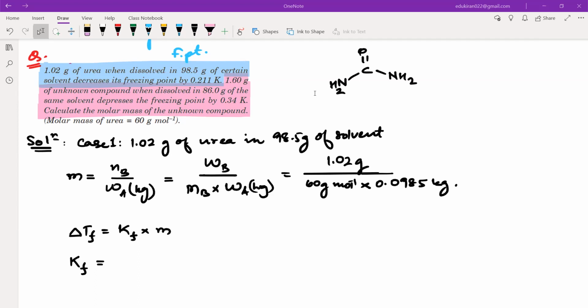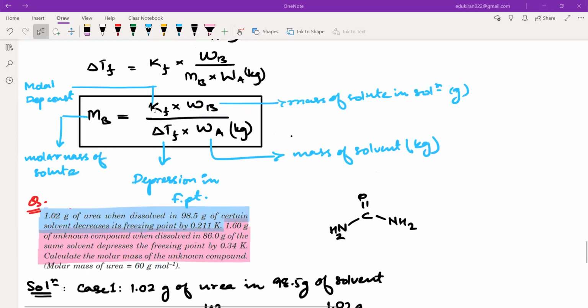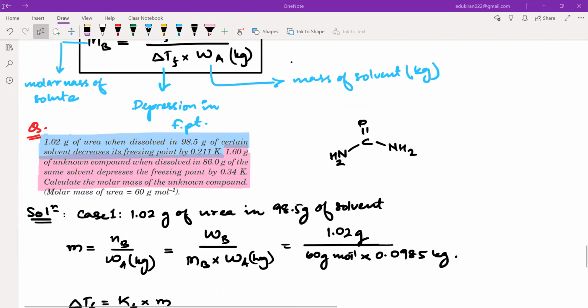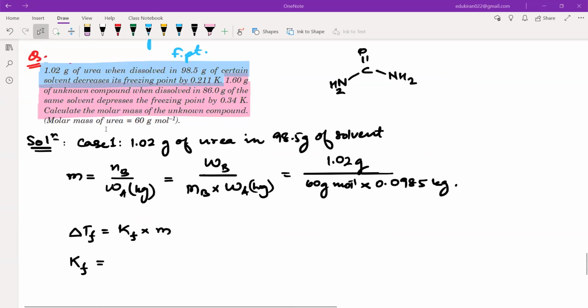In that, you are going to expand this formula delta TF is equal to KF into m. वहां से या फिर आप ये कीजिए, इस फॉर्मूले को ले लीजिएगा, KF को प्लग इन कीजिएगा, आपको मोलर मास निकल जाएगा. ठीक है, कुलसुम ट्राई कीजिए. जो KF आया है उसको ऊपर वाले फॉर्मूले में प्लग इन कीजिए, आपको मोलर मास मिल जाएगा.